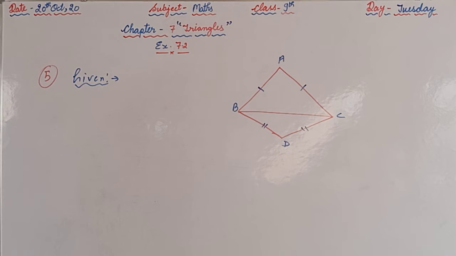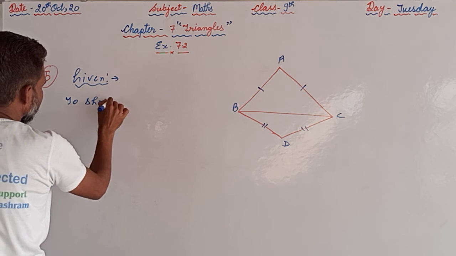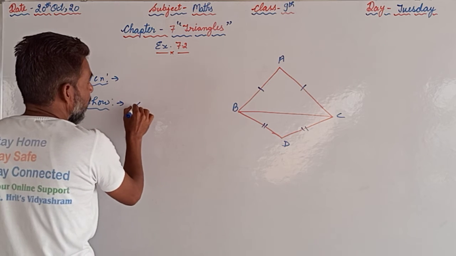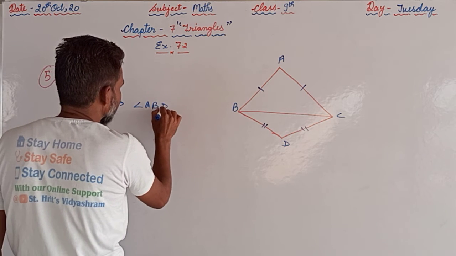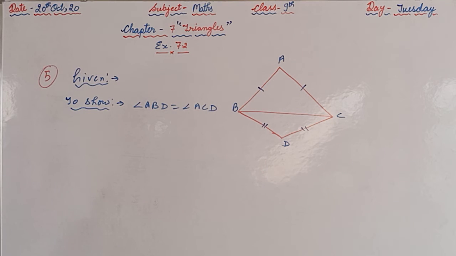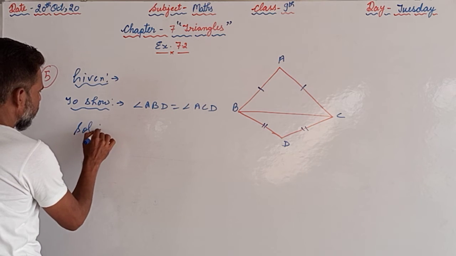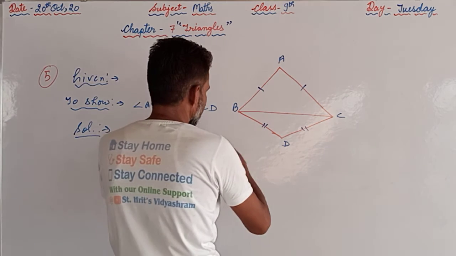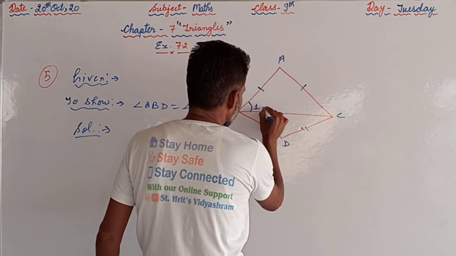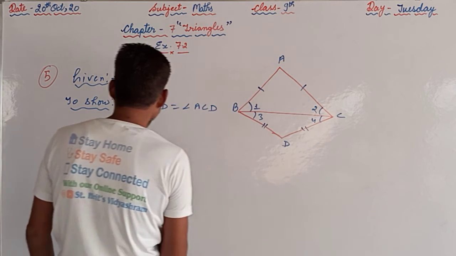What we have to show? To show that angle ABD is equal to angle ACD. With the solution you can write angle 1, angle 2, angle 3, angle 4.